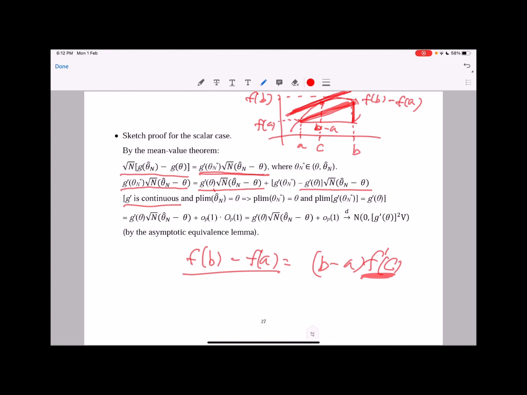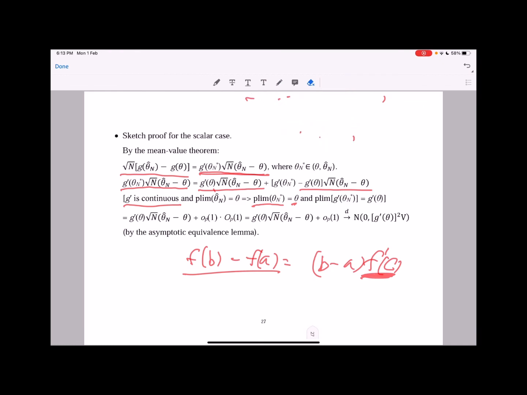So we know that the plim of theta star must be theta as well. Why is that? Because theta star is between theta hat and theta, right? So when n goes to infinity, theta hat will converge in probability to theta, and because theta star is in the middle, theta star must converge to theta as well.